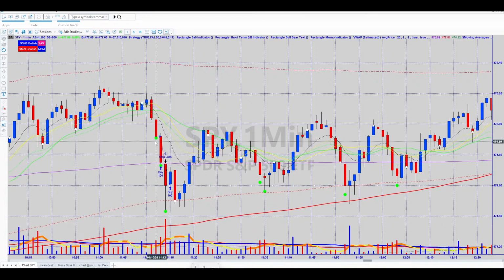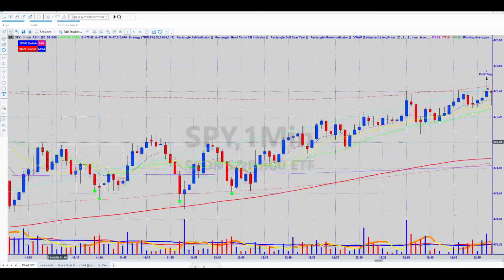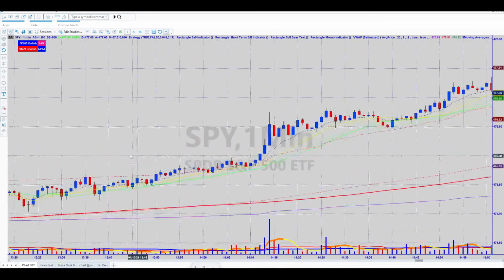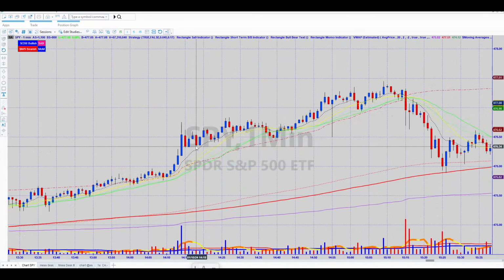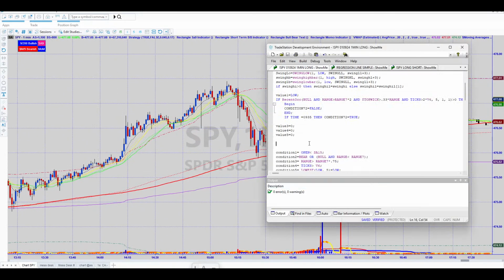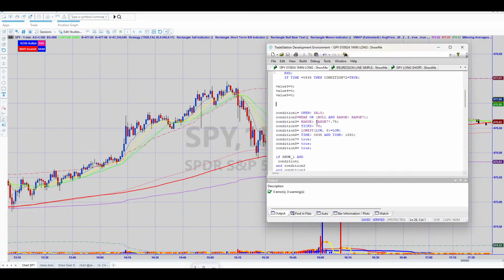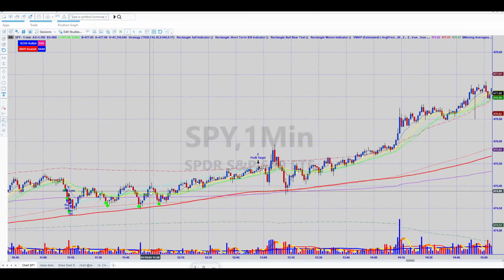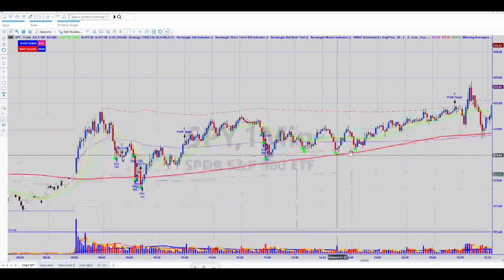Gosh, man, these candles. Okay, all right, I might adjust that tomorrow. The range has got to be greater than the range 7 times 3/4. Yeah, so we are looking for longer candles.